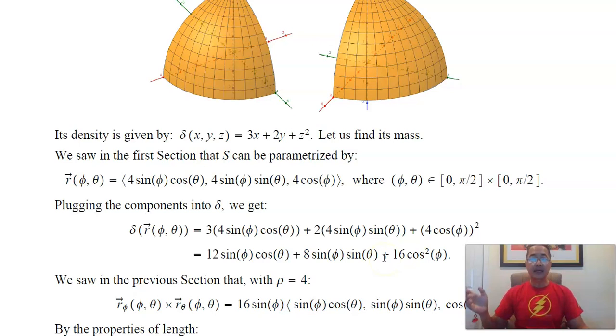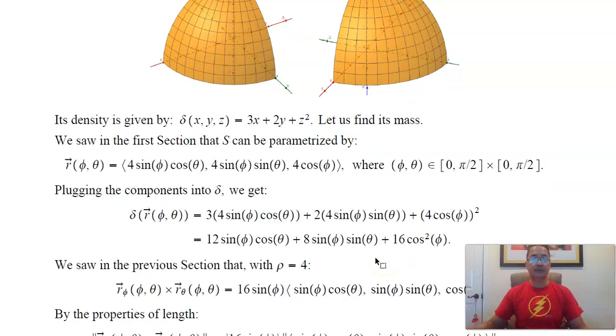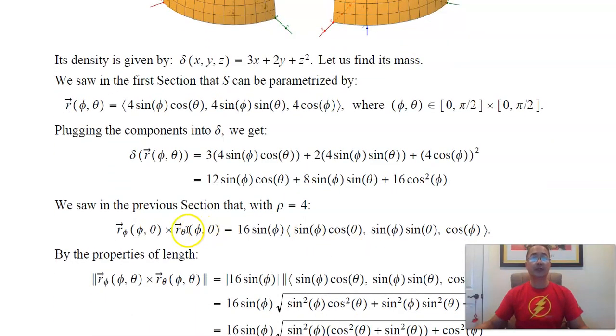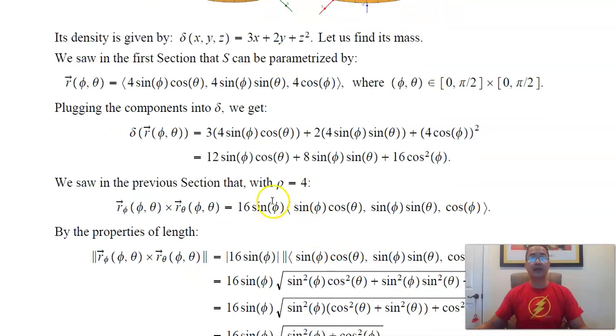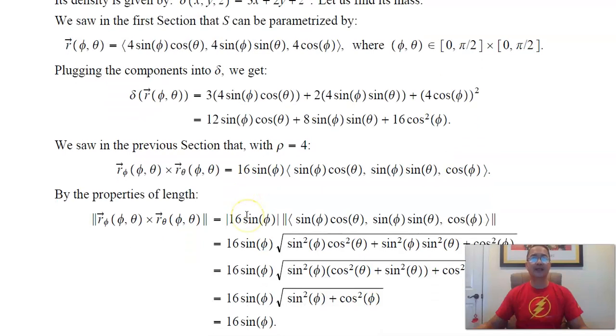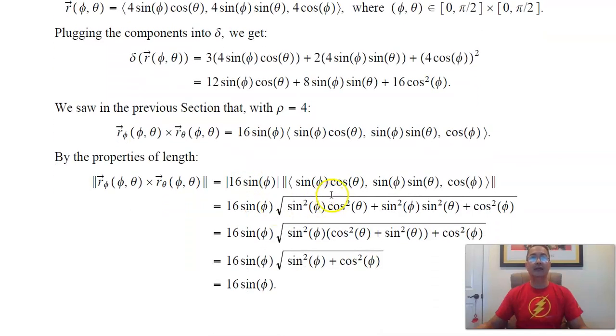In the last section, we already did the partial derivatives and the cross product. So this is the answer that we got. We generalized it for any rho, so we had rho squared out here. Our rho is 4, so we get 16. We want the length of that cross product, so we take the absolute value of this scalar.